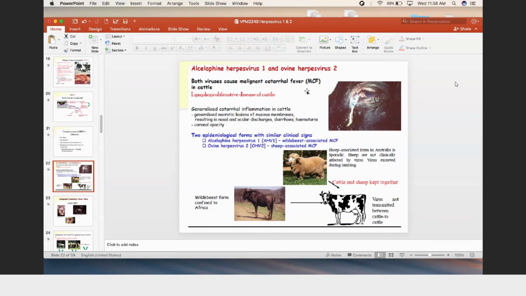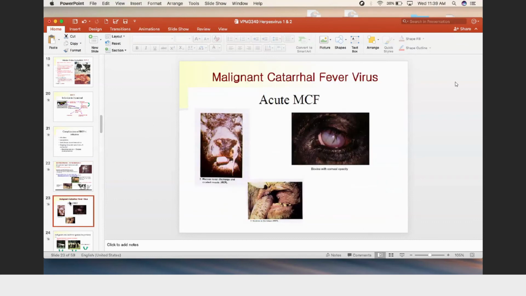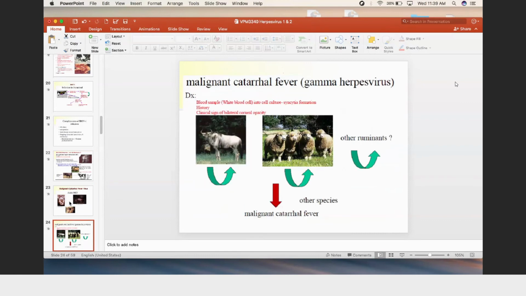It is very similar to malignant catarrhal fever. Catarrhal means what? It's inflammation, redness and so on. This only commonly occurs in deer in Malaysia. You can read on your own here, MCF. You don't have much time here. Okay.